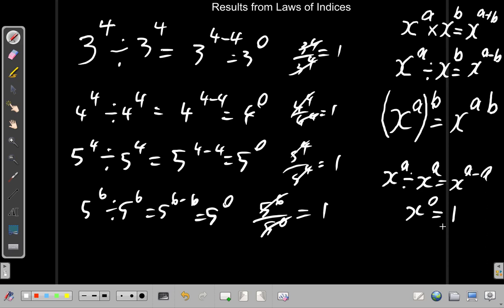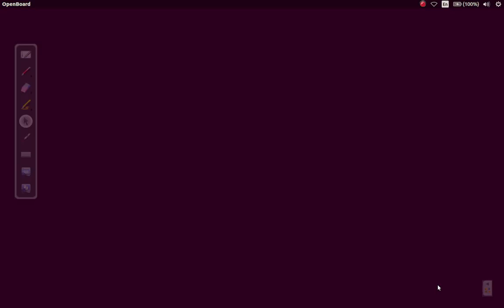Basically, what it says is that when you have a number raised to the power of 0, the answer is always 1. You could try it on a calculator too. Let me try it on my calculator here.